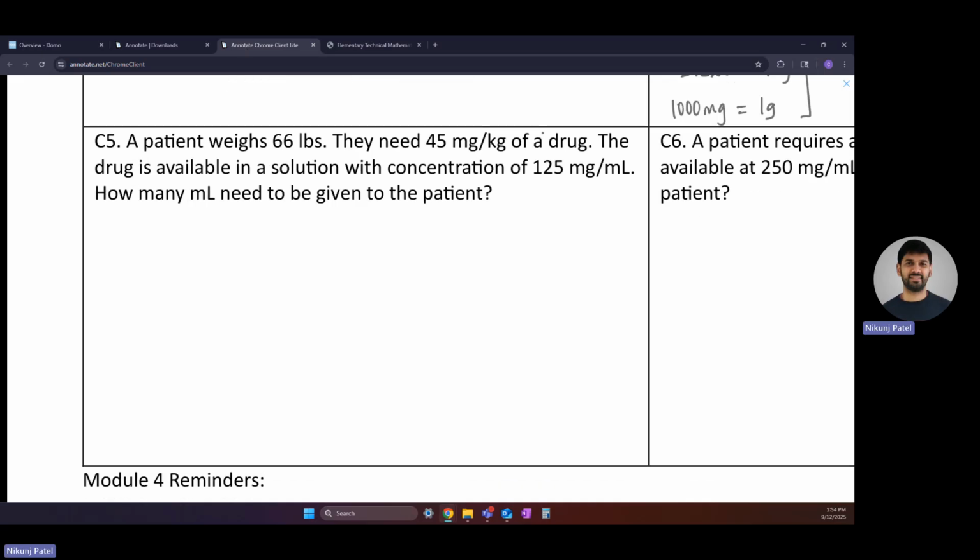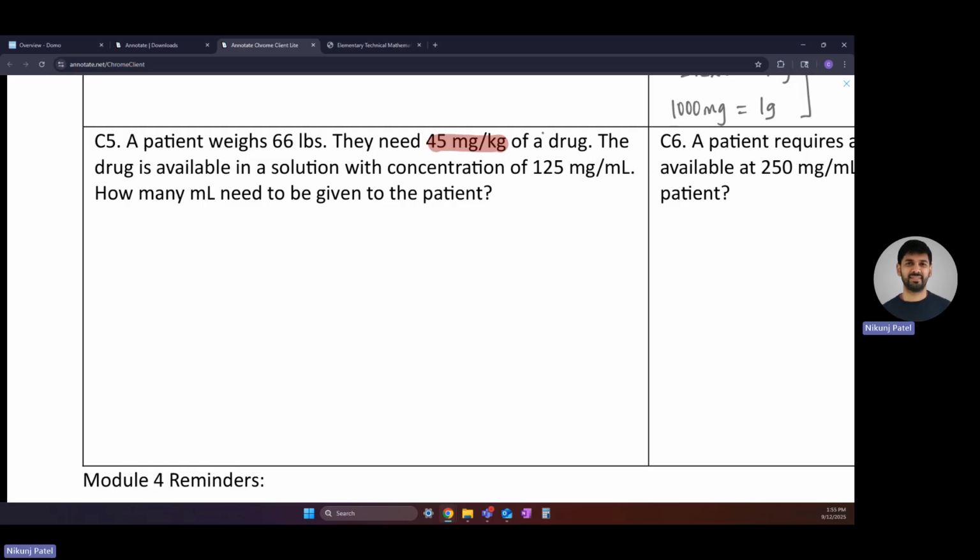For C5, it's also weight dependent. So let's walk through, and this time I'm going to give you a little bit less to see if you can test yourself a little bit. In this one, it says the patient weighs 66 pounds. Here's how much medication they need, 45 milligrams per kilogram of their weight.